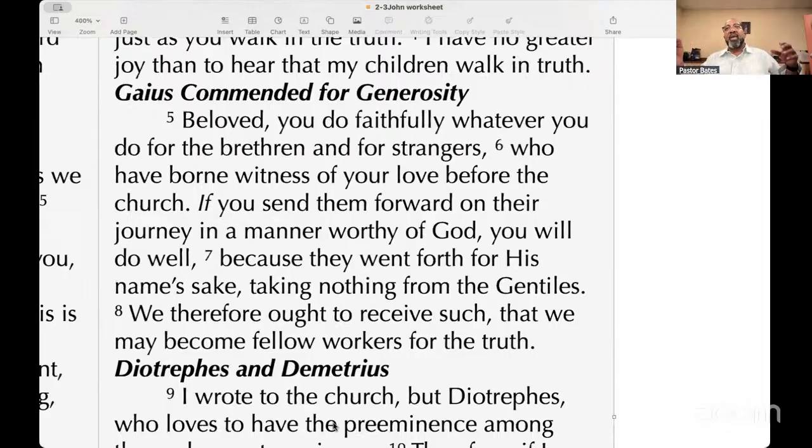So the point is that Gaius is commended because... is somebody washing dishes? That's me. Were you trying to get your camera situated? Are you washing dishes, Sylvia? No, I didn't think that.